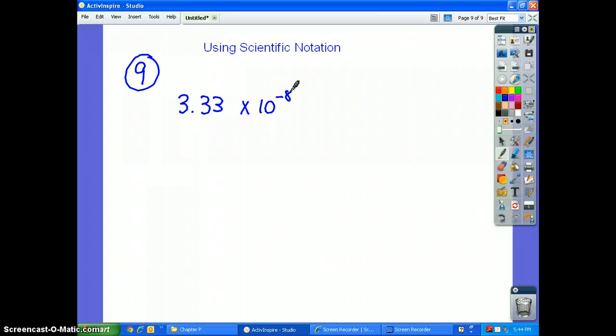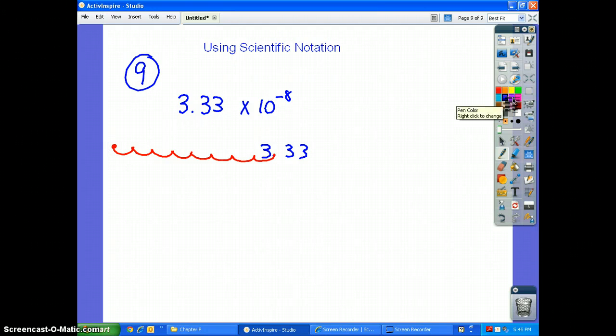If you take a look at problem 59 real closely, what we're going to do is write it out in expanded form. When the exponent is negative, that means you go to the left. So as I loop this, I'm going to go 1, 2, 3, 4, 5, 6, 7, and 8, and then I'm going to stop and put a decimal point.